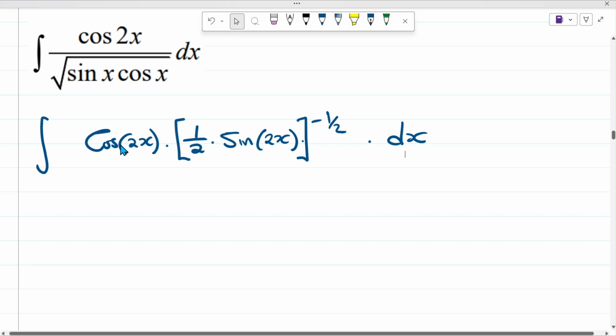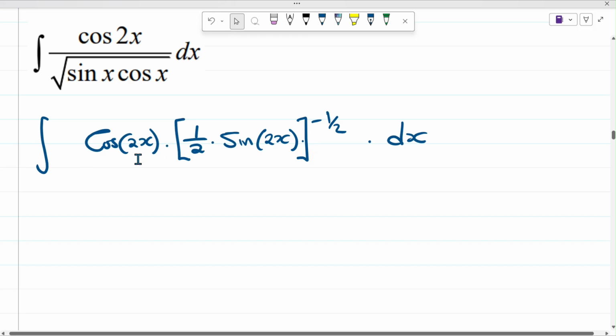If we let 1 over 2 multiplied by sine of 2x be our f of x, can this be f prime of x? Yes, because if we differentiate sine 2x, it becomes cos of 2x multiplied by 2, and that 2 will cancel out this 1 over 2, of course.